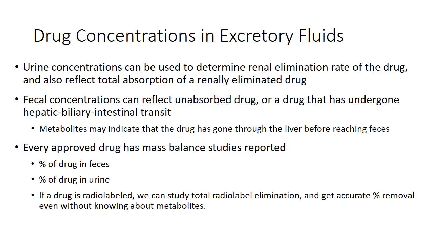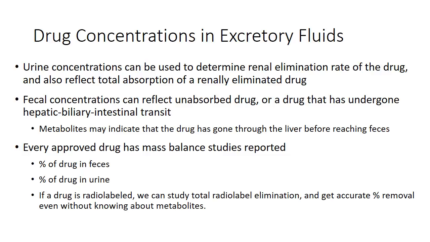Usually they use a radio label. That means they might use tritium or C14. So they'll have someone synthesize the drug in a radioactive, usually low toxicity, right, almost harmless radioactive form, and then they could very easily study it using a scintillation counter. They can actually study how that drug is eliminated and where it ends up.